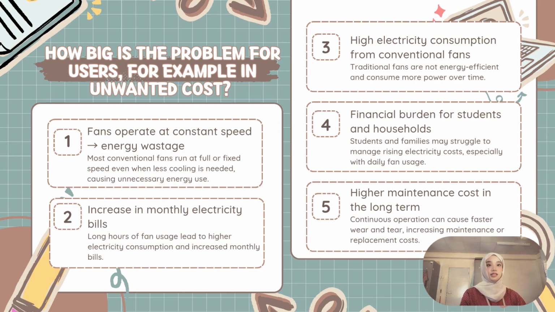This causes energy waste and also increases the monthly electricity bill. Over time, this has become a financial burden, especially for students and also some low-income households. In the long term, high energy usage can also increase maintenance costs and reduce the lifespan of the fan itself.